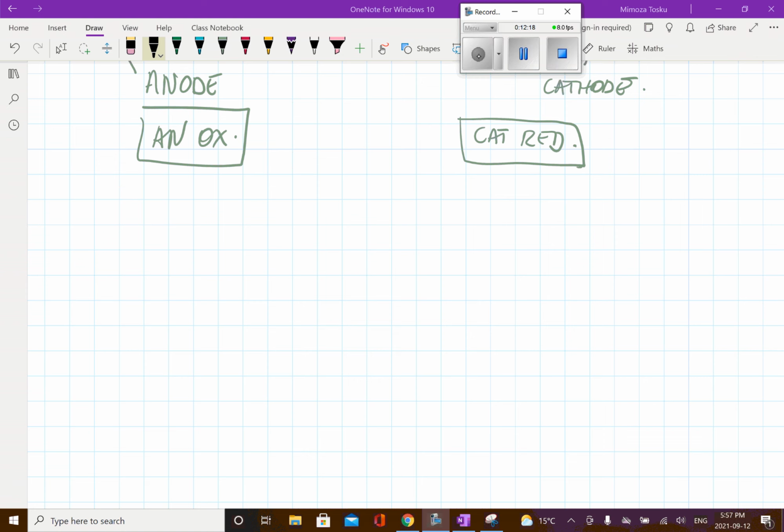Okay, so now if we summarize, what do we have as the oxidation in this cell, or what is in the anode? Zinc solid is giving 2 electrons to become a zinc ion.